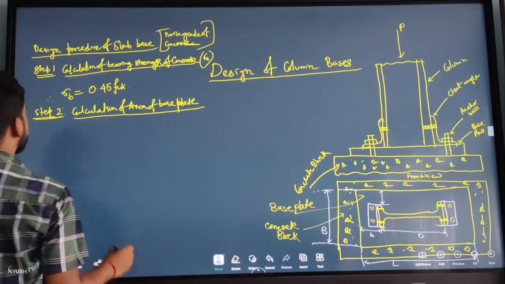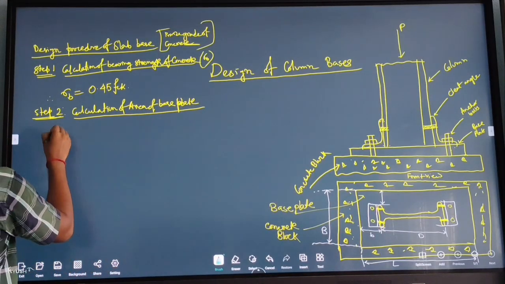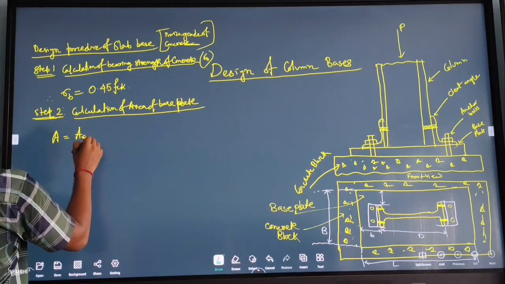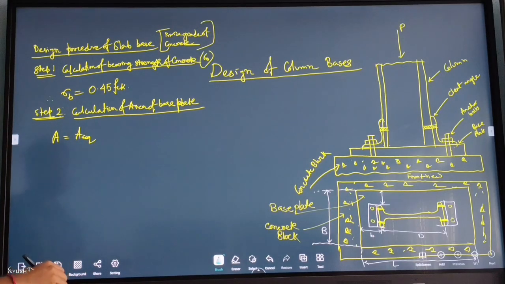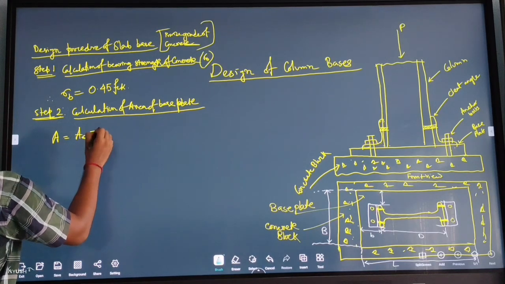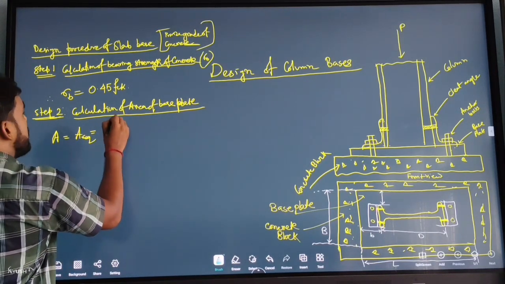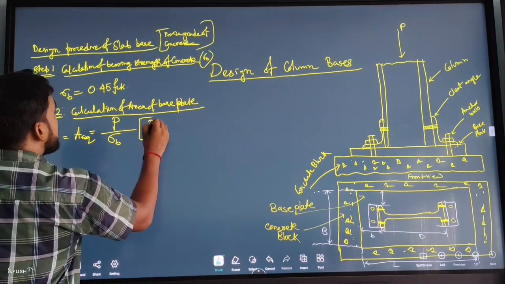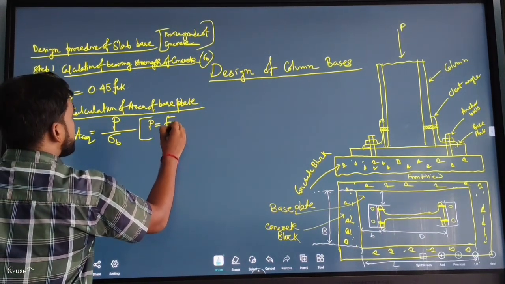A required, means how much area is required to resist the column load. A required is equal to P divided by sigma B, where P is factored load in column.